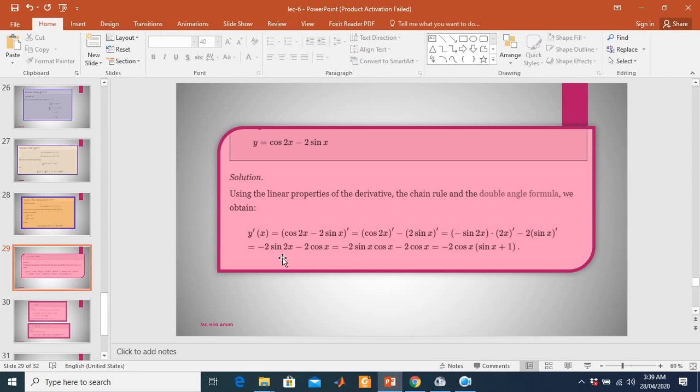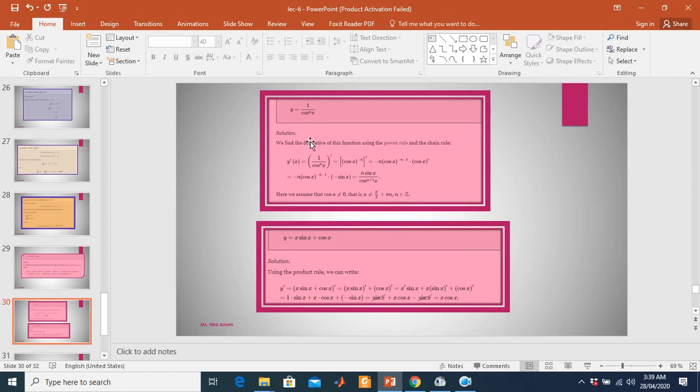Using the formula sin 2x equals 2 sin x cos x, we simplify the result.